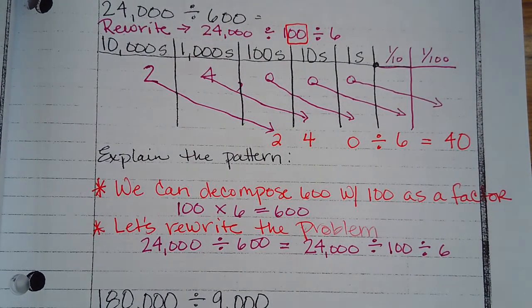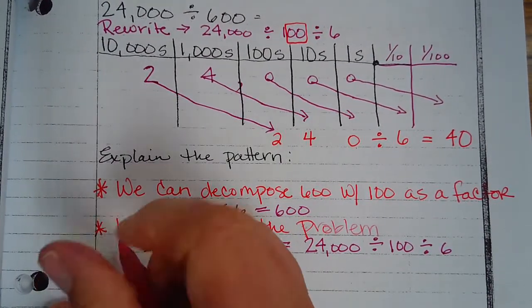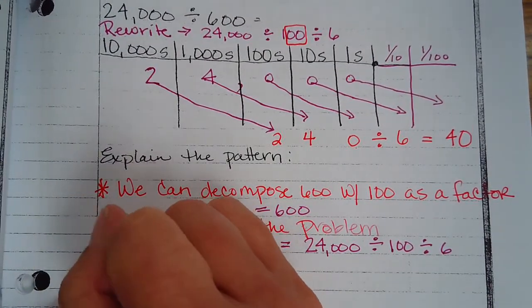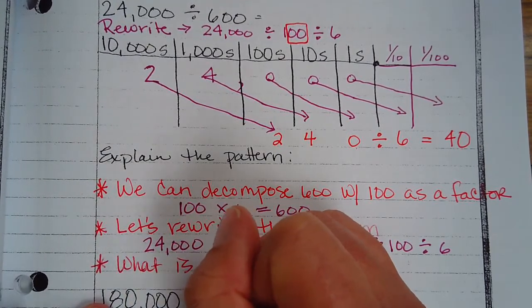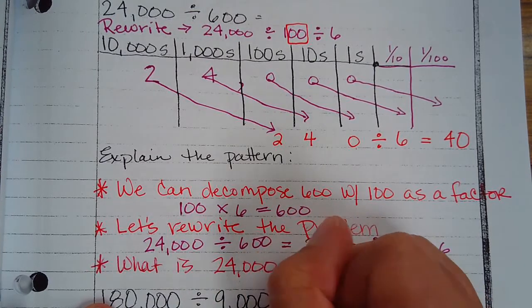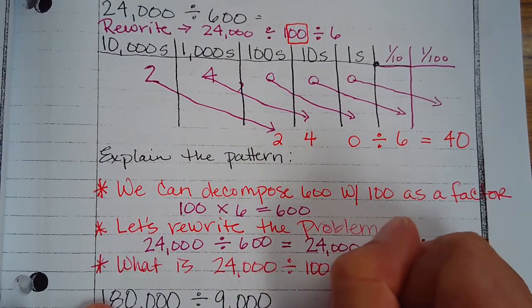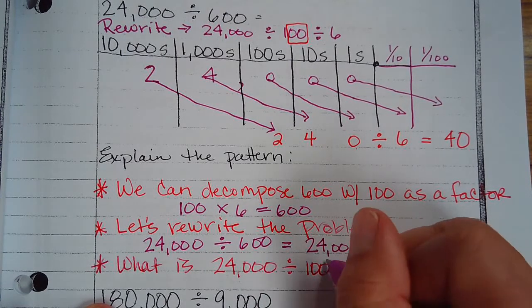So then we went and what is 24,000 divided by 100? And we said it was 240.